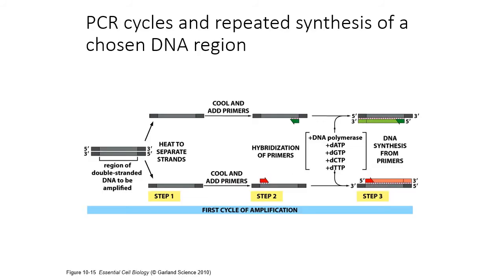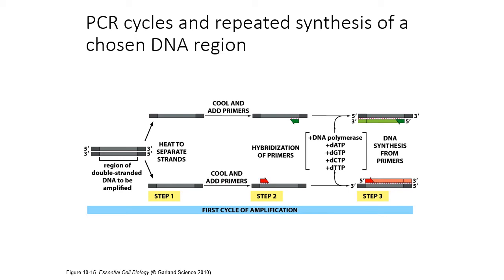Okay, so remember PCR, we've heard of PCR, we're going to do it in more detail next time. You have a target DNA and you want to synthesize more of that target DNA. And the key ingredient here is the primers, the green primer for one strand and the red primer for the other strand. This illustrates that the primer is going to bind at a specific location on one of the strands, and the other primer binds at a specific location on the other strand.